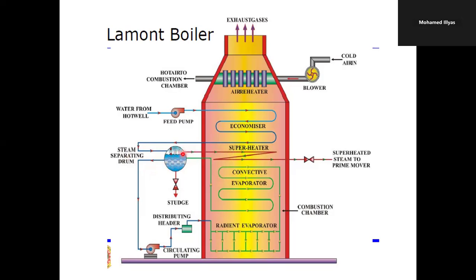The steam which is coming from the steam separating drum will be dry steam here, and we further enhance the temperature of the steam by extracting heat from the hot gases which is flowing over the superheater tubes.